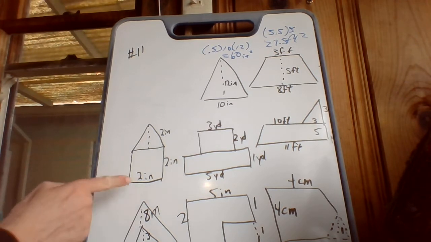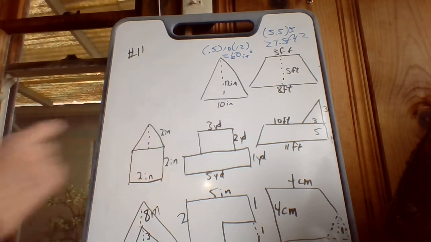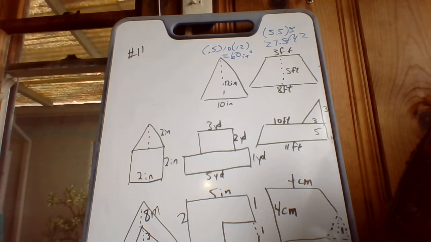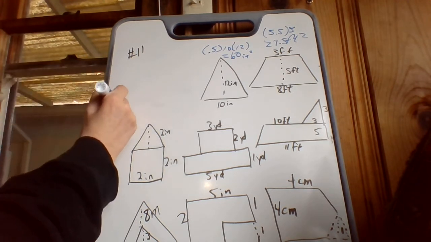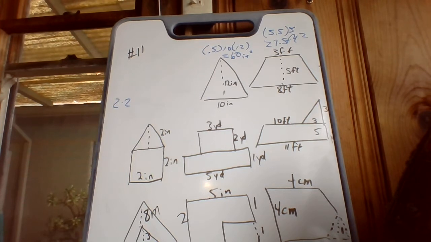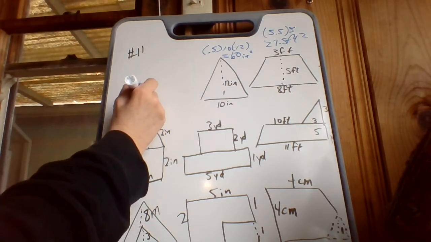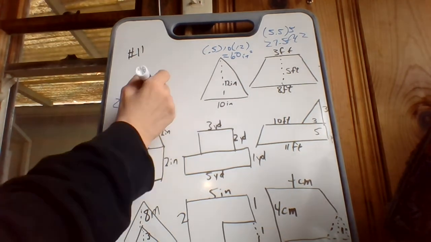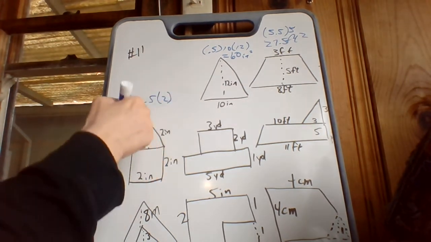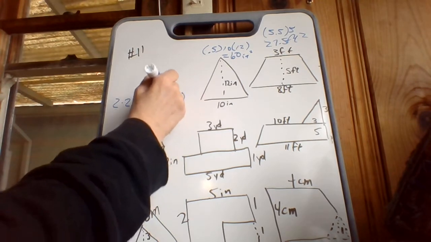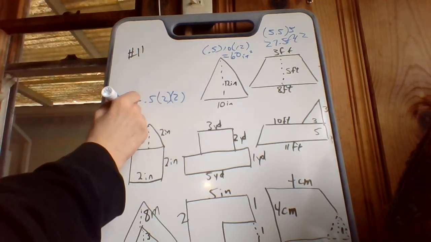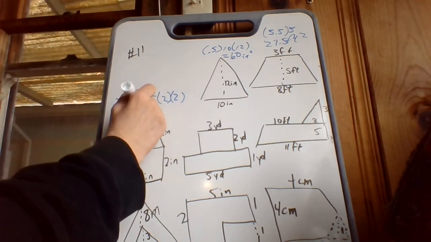Okay, so if I want to do this one, it's a square plus a triangle. So solve it by addition means I'm doing the square and I'm doing the triangle plus the 1/2. Base is the same. Height is the same. Okay, so that's 4 plus 2.